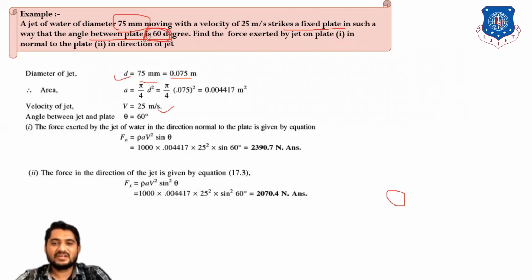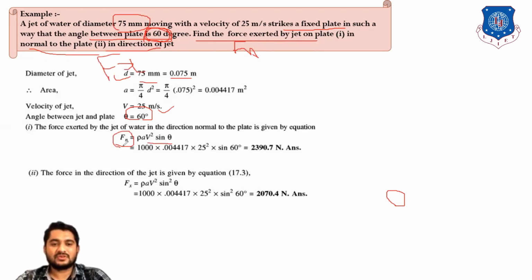So theta will be 60 degrees. Find the force exerted by the jet normal to the plate and in the direction of the jet. Normal to the plate means Fn, and in the direction of the jet means Fx.